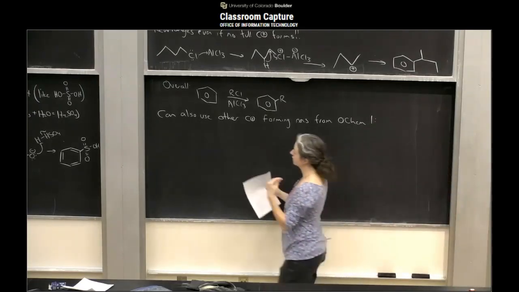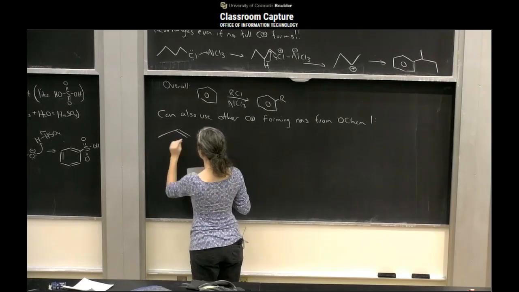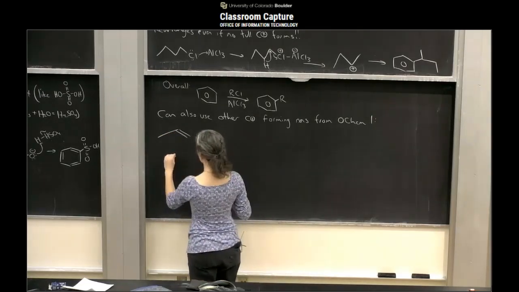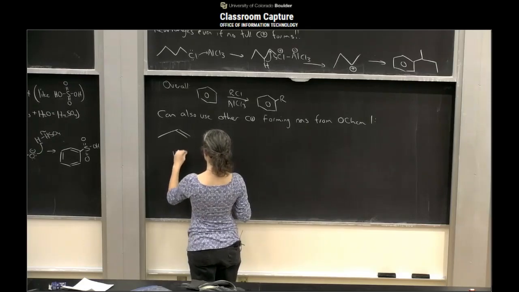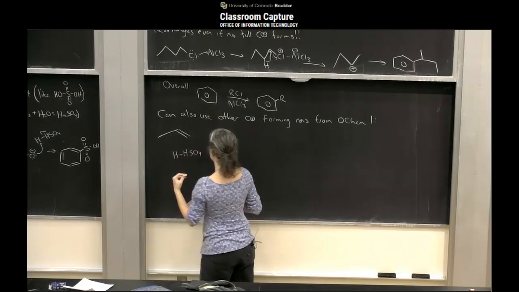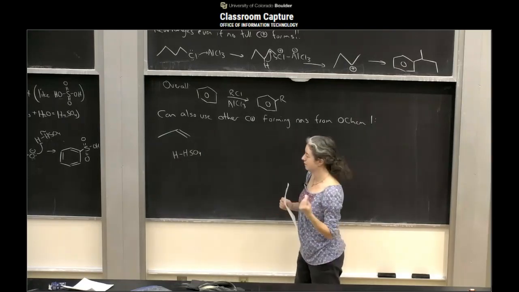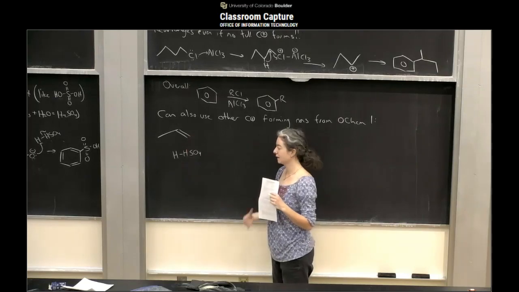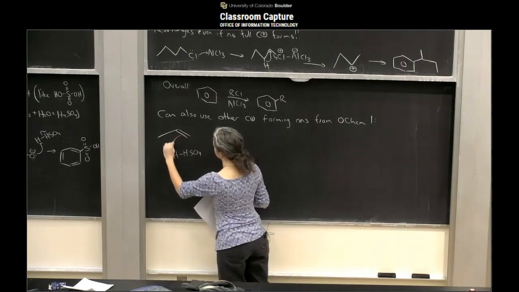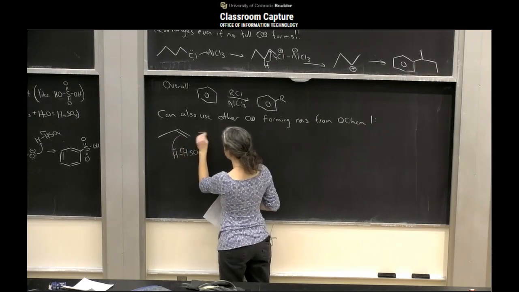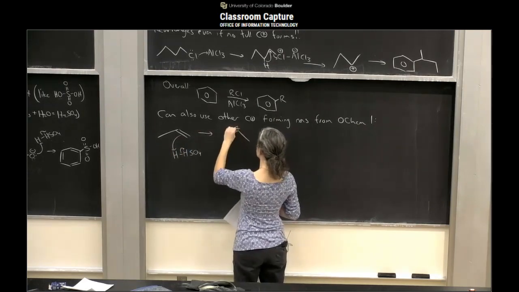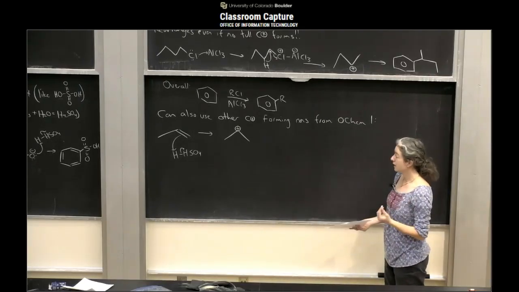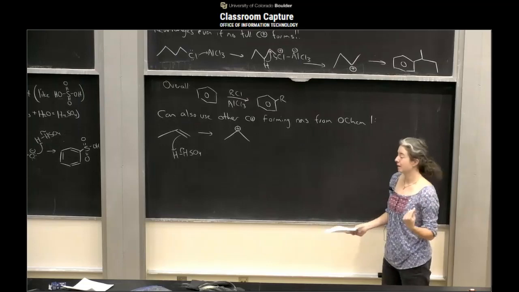So for example, one of the very first reactions we ever saw, if you take an alkene and you react it with, in OChem 1 we did water and H2SO4. If we do this without the water, so we're not giving this the option of doing an acid catalyzed hydration, we're just giving it the acid, we know that Markovnikov's rule says the carbocation is going to form there. That can actually be something that an aromatic ring can react with too.